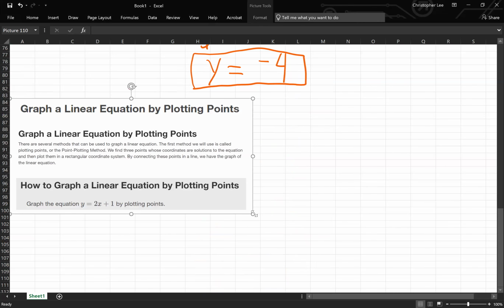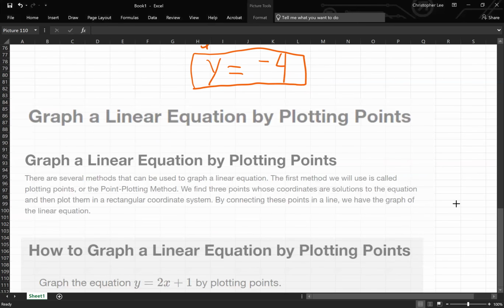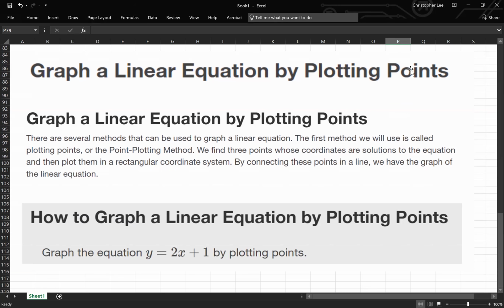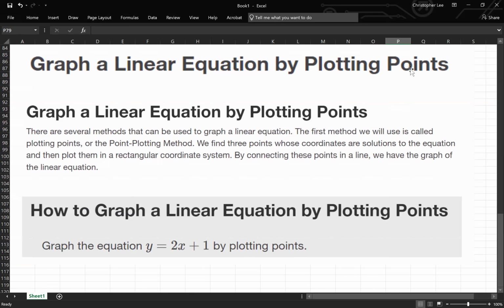We're going to graph a linear equation by plotting points. There are several methods that can be used to graph a linear equation. The first method we will use is called the point plotting method. We find 3 points whose coordinates are solutions to the equation and then plot them in a rectangular coordinate system. By connecting these points in a line, we have the graph of the linear equation. So here it is, how to graph a linear equation by plotting points.